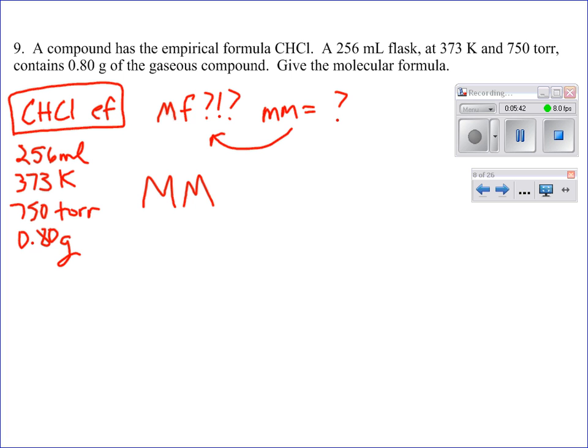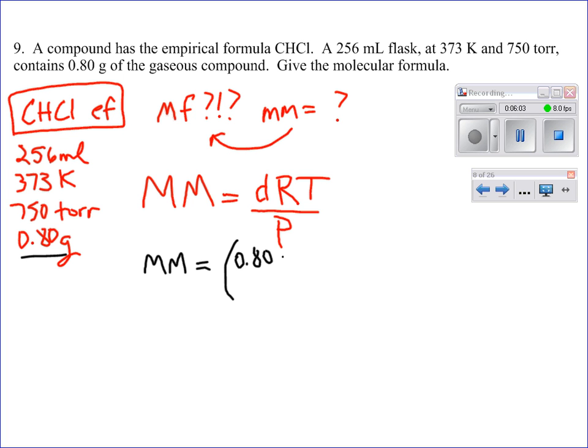So our molar mass, this is a gas, so we use the molar weight kitty cat, dRT over P. We are solving for molar mass. Now, density is grams per liter. Do I have that information? Yep, 0.80 grams. And what's my liters? 0.256. That's d.